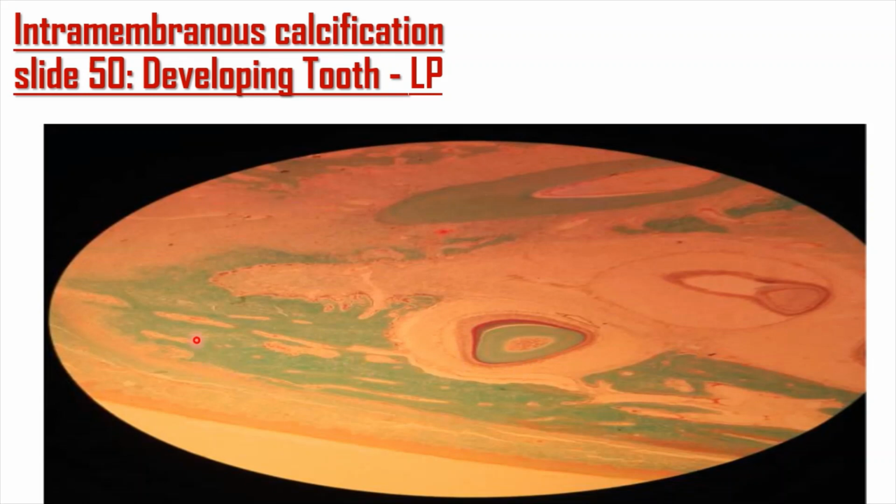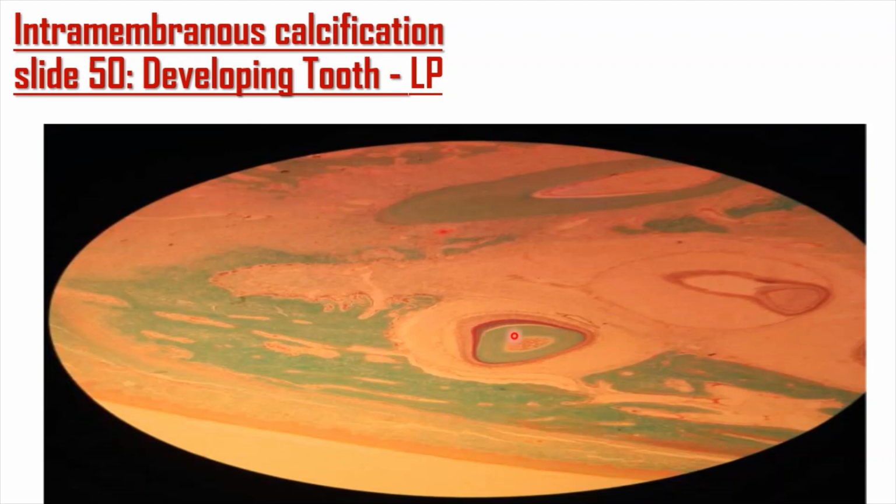So inside of the membranes, the mesenchymal cells are going to differentiate into osteoblasts. The osteoblasts will then deposit bone matrix that is called osteoid. Osteoid will then be calcified and bone tissue will start forming inside of the membranes. So this is what we call intramembranous ossification.